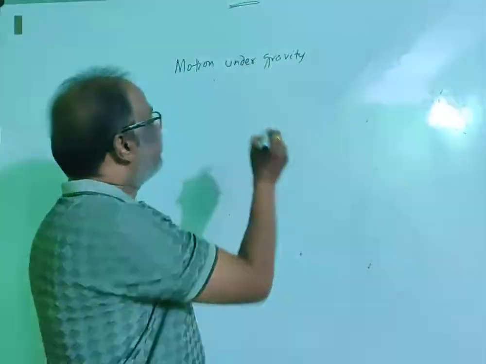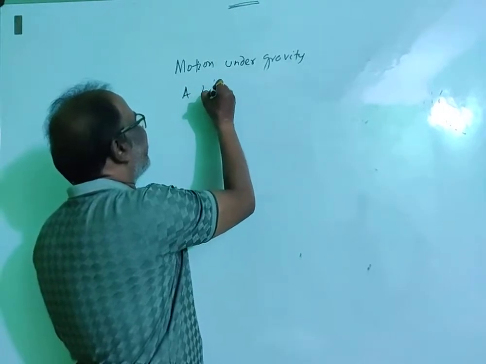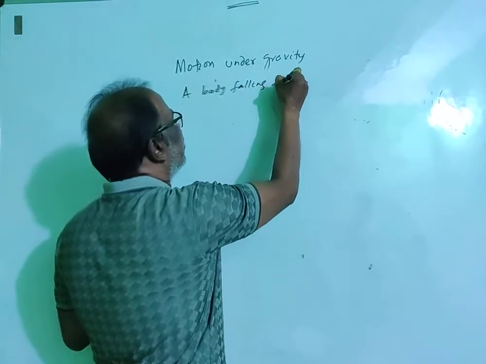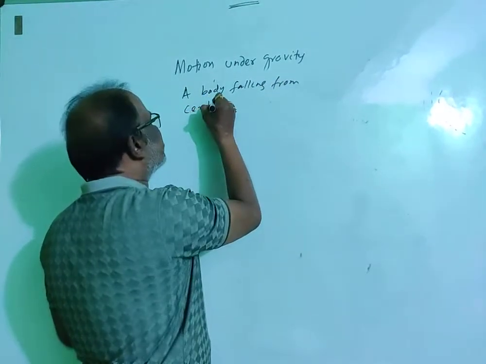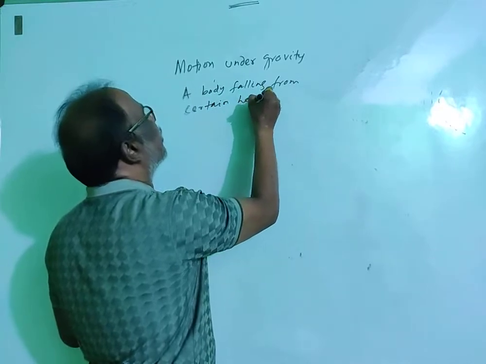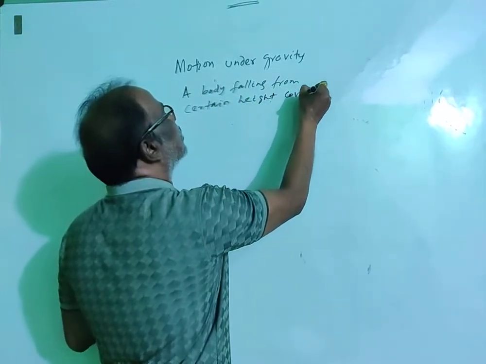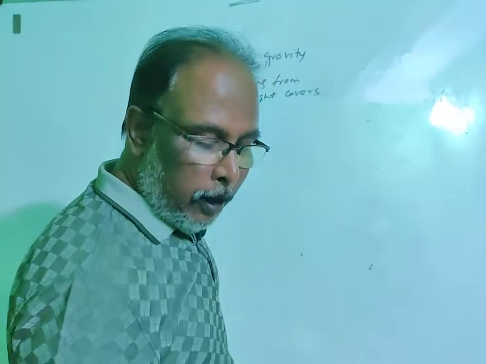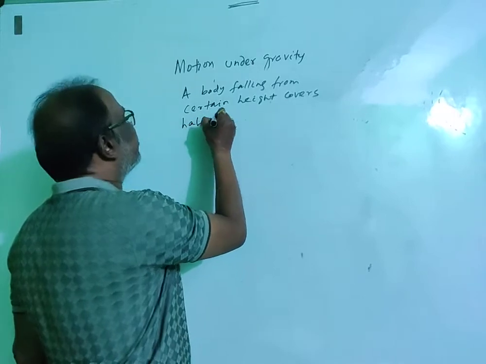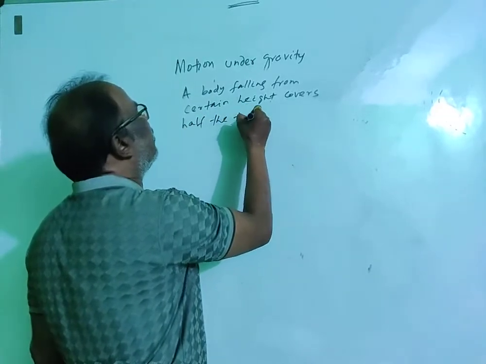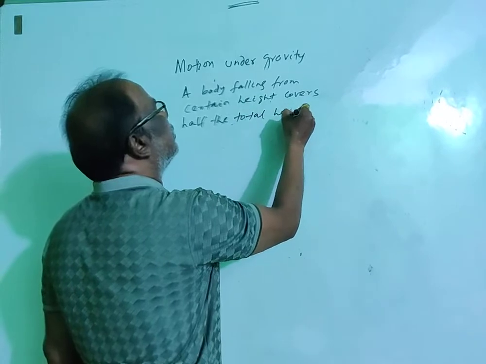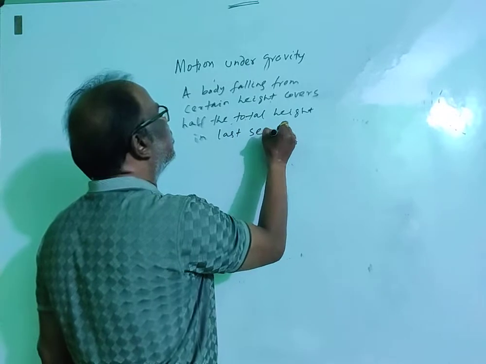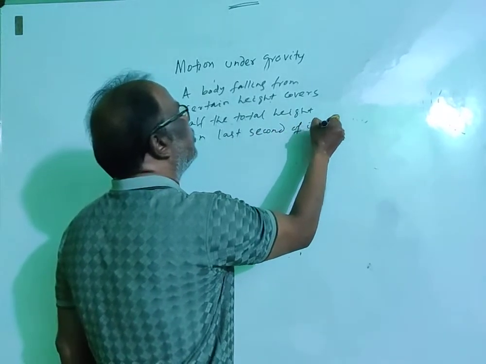I am writing the question. A body falling from a certain height covers half the total height in last second of its motion.